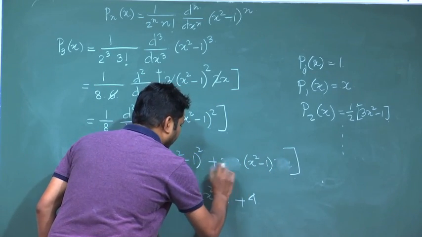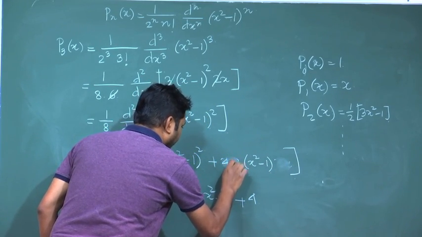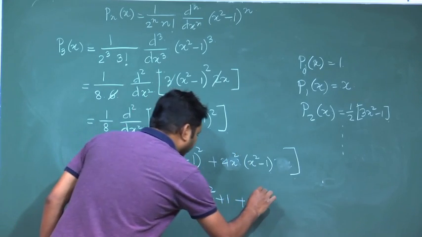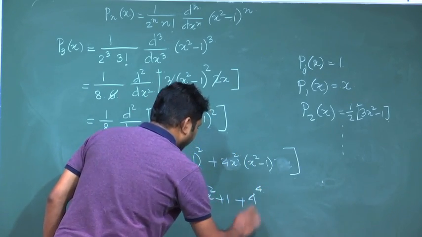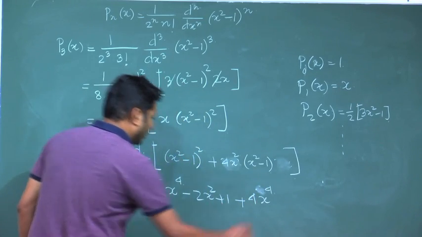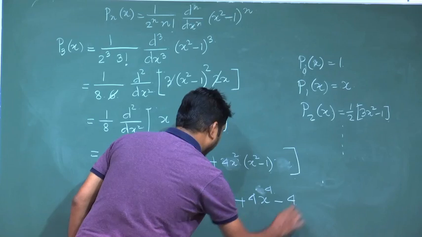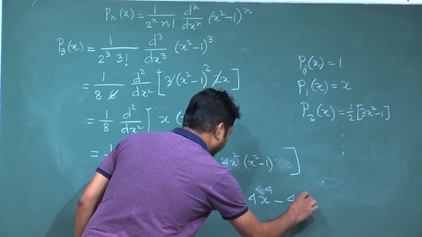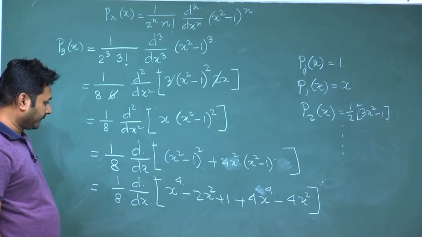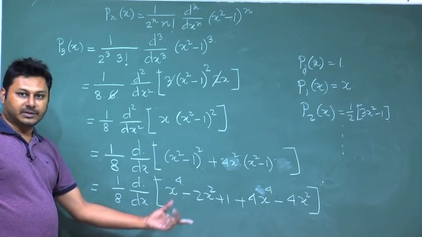So it will be multiplied by 4x², so it will be 4x to the power of 4, minus 4x². It comes out to be something like this.